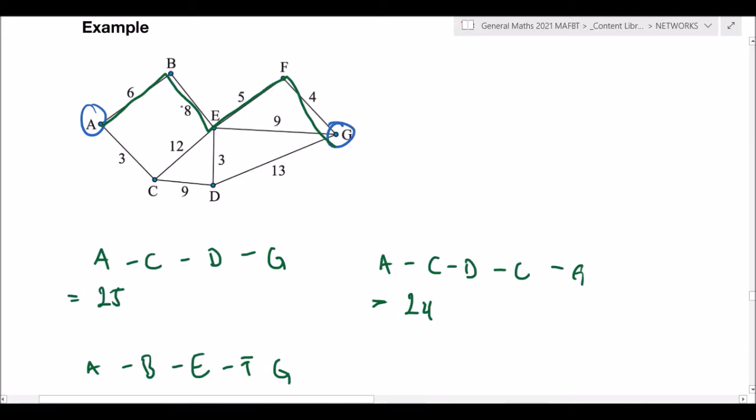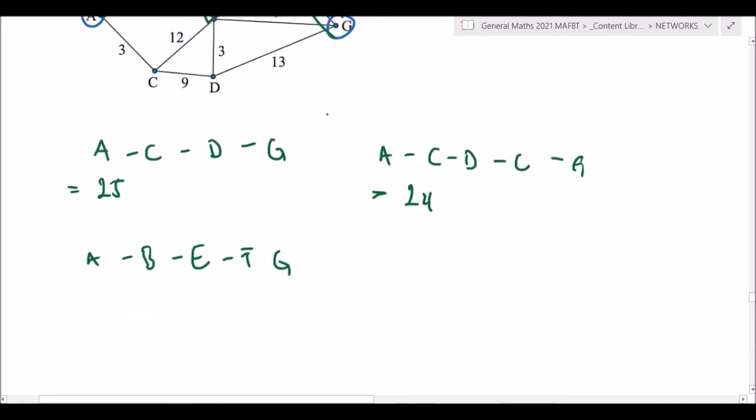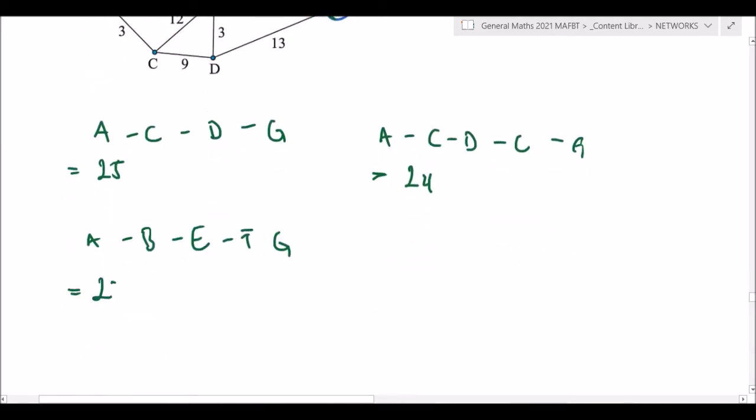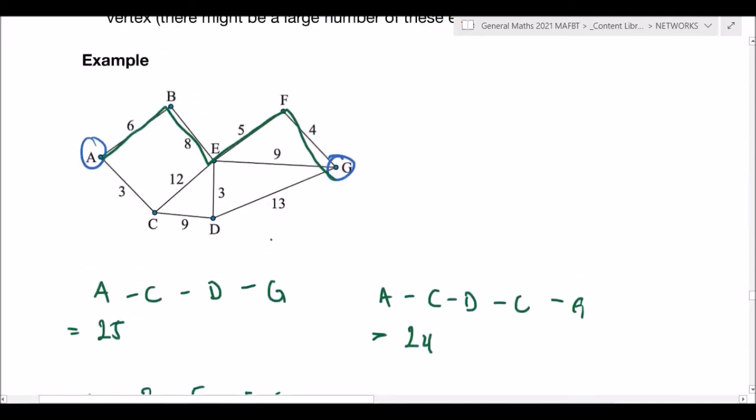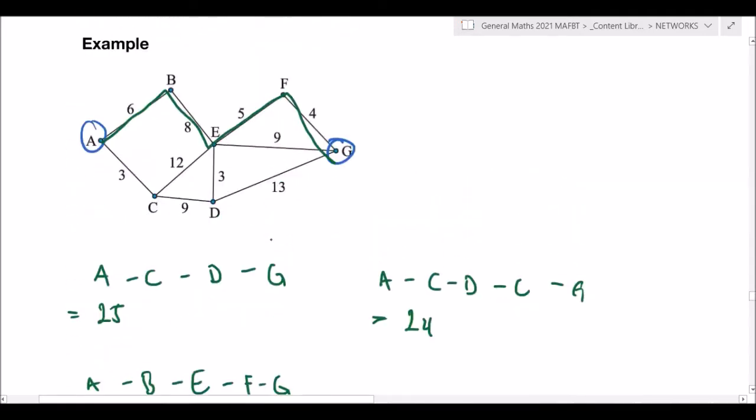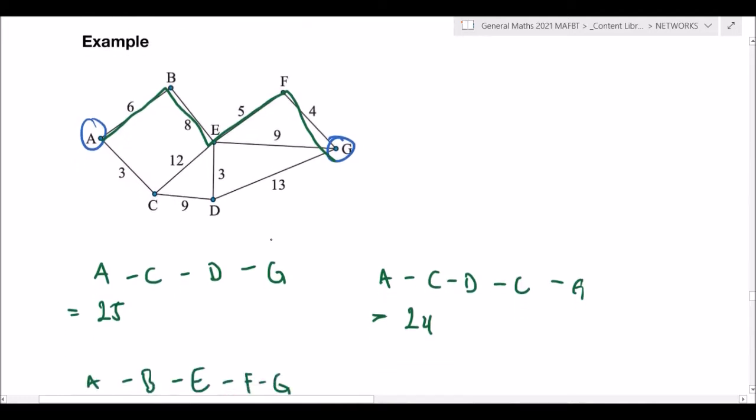So that's 6, 14, 19 plus 4 is 23. So that is a weight of 23. So that path, A, B, E, F, G, only has a weight of 23, which is the smallest one so far. And I think that's probably the shortest one.